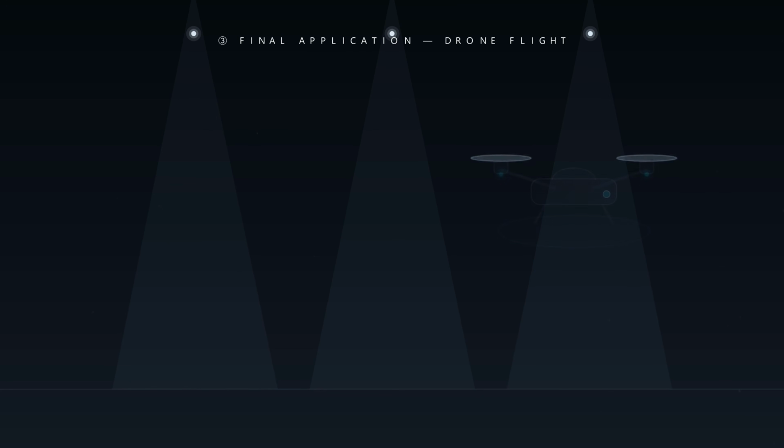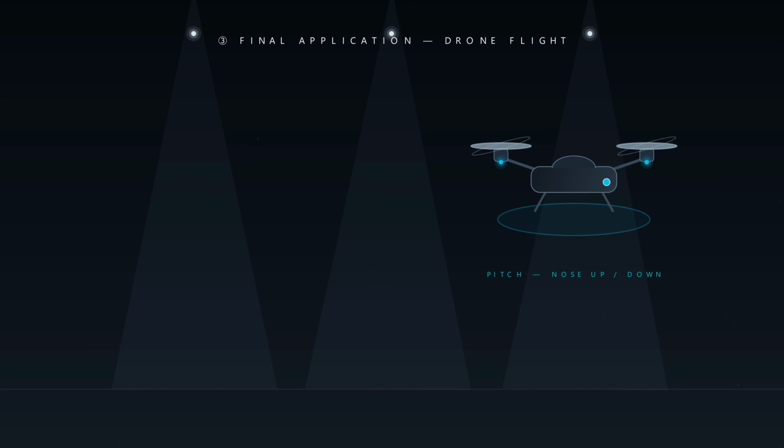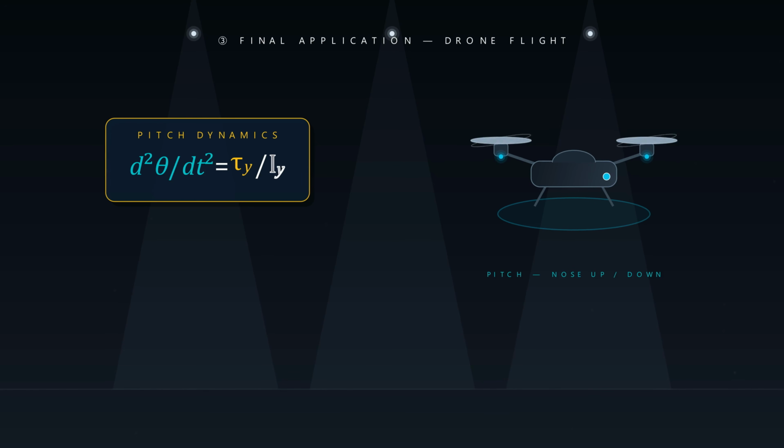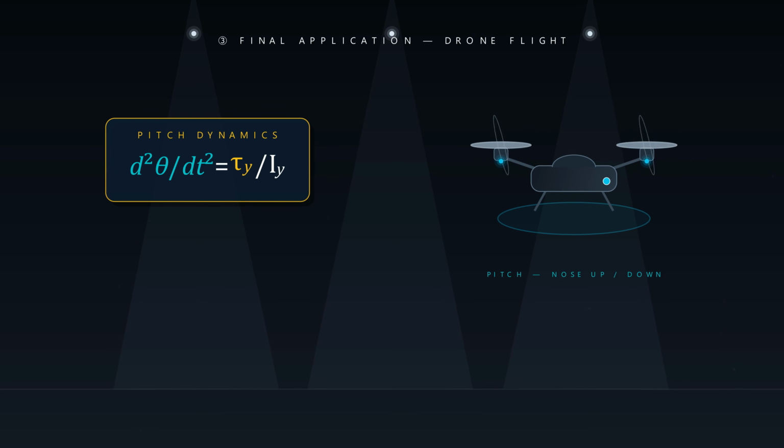As our final application, consider a drone. To fly stably, a drone must control its pitch angle, the tilt of its nose up or down. The equation governing the pitch dynamics is d squared theta over dt squared equals tau y divided by Iy.